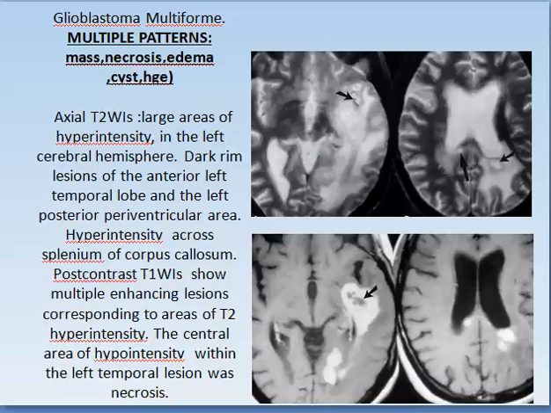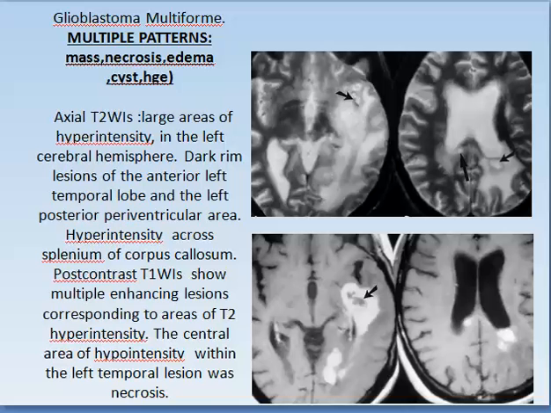Now here, hemorrhage is shown as hemosiderin. We have multiple pattern. Axial T2 weighted images show large areas of hyperintensity denoting edema and the tumor mass in the left hemisphere.